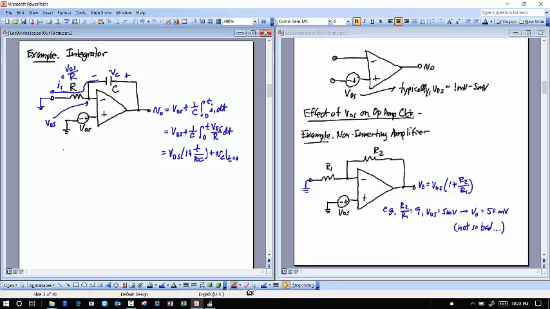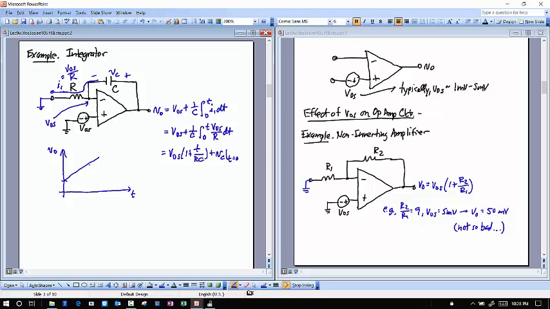And so specifically, if I wanted to plot this as a function of time, what's this going to look like? So here's the voltage output as a function of time. This is just a straight line. Okay, it's going to start at a small voltage VOS plus VC right here, but then it's going to go up, and it's going to continue to rise until the op-amp saturates.